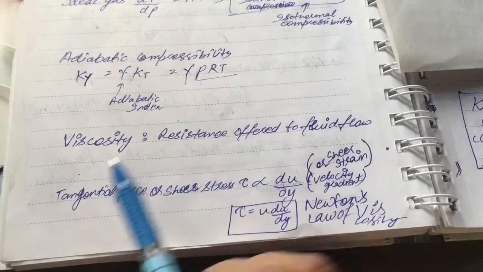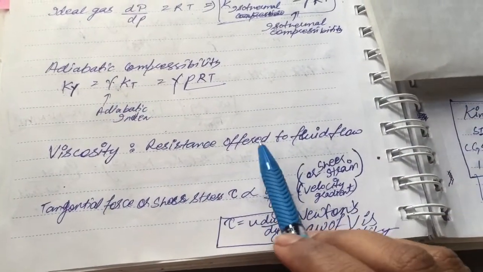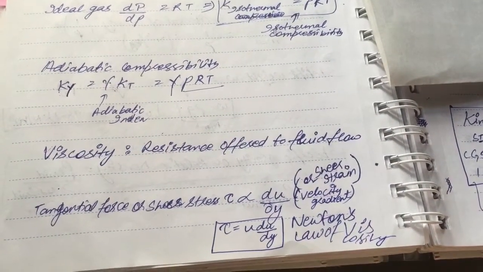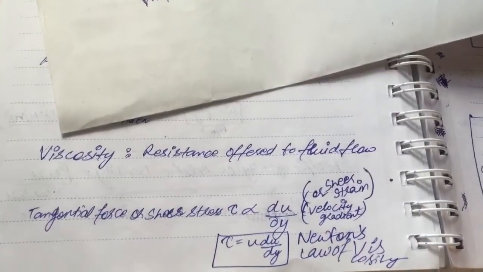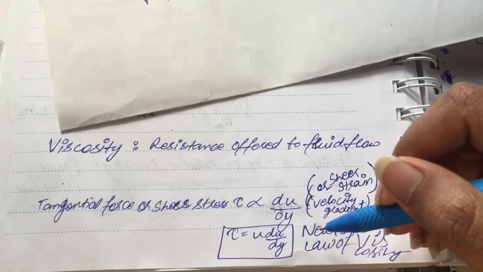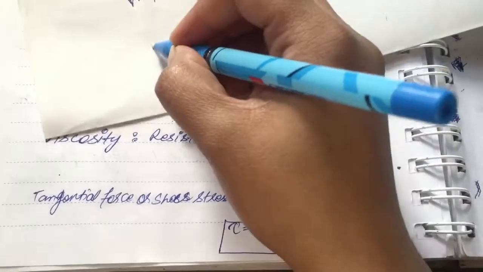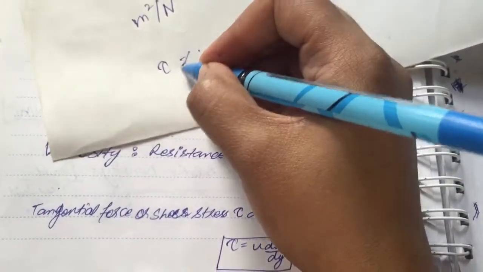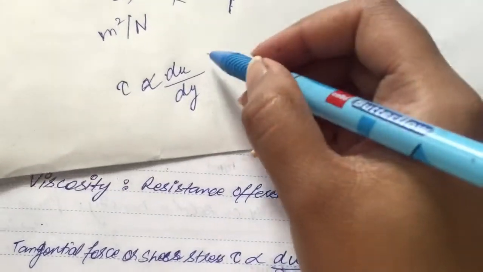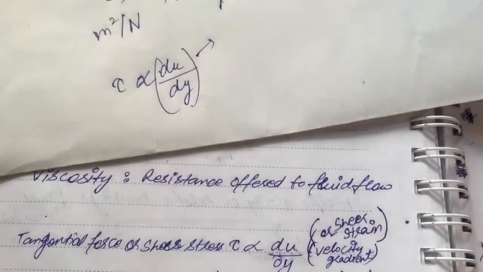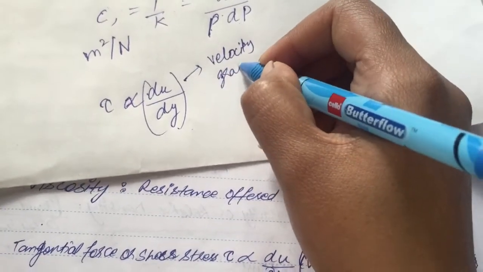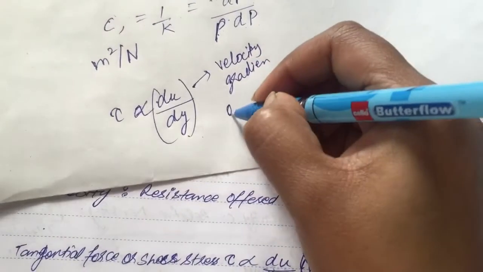Next we have viscosity. Viscosity is resistance offered to fluid flow. And then we have Newton's law of viscosity. So according to Newton's law of viscosity, tau is directly proportional to du by dy, and our du by dy is basically velocity gradient, or it is also called shear strain.